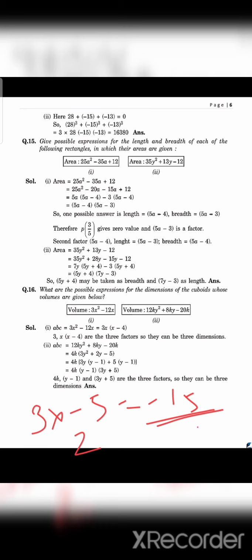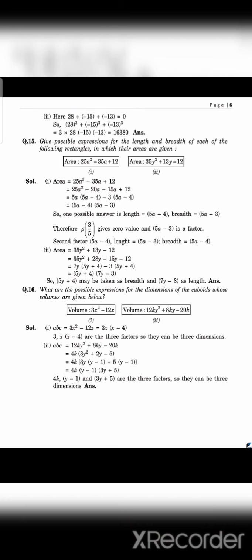So for that we factorize 15 as 3 into 5, and for the negative 15 we write 3 as negative. When we sum these two digits, 5 plus minus 3, we get 5 minus 3, and the answer is 2. So for splitting the middle term, we use the digits minus 3 and 5 for splitting 2.